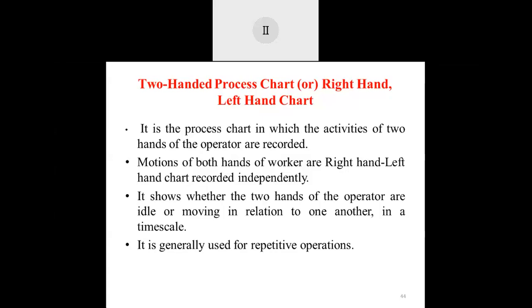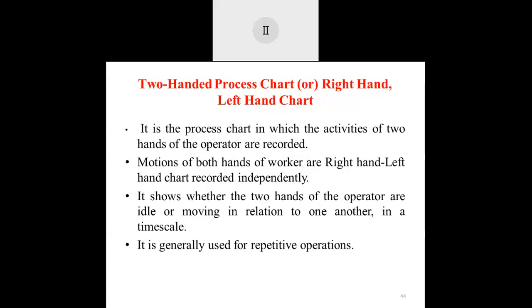The two-handed process chart, or you can say right hand left hand chart, is the process chart in which the activities of the two hands of the operator are recorded. Previously, all the charts we have discussed were related to machine, equipment, or the flow of raw material.